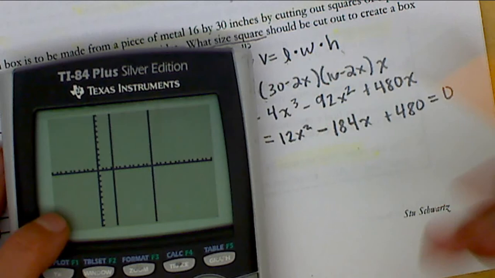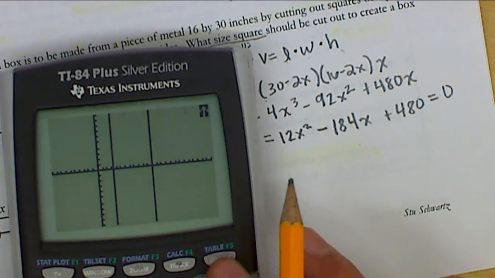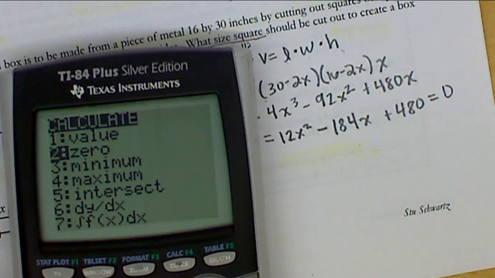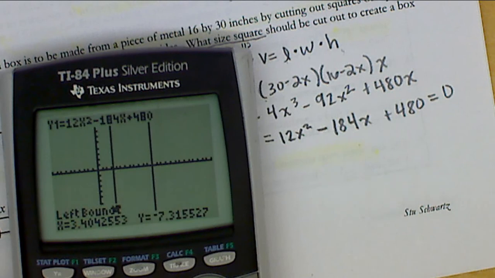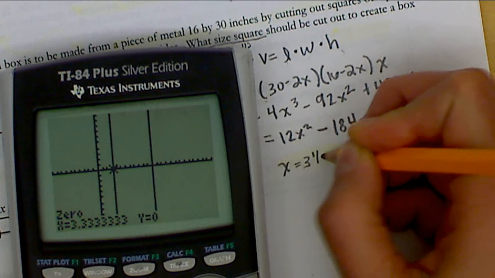Since I can't factor it, you can figure out the zeros on your calculator by using second calc, 0, and then finding a left bound, a right bound, and then a guess. Okay, so here's one of the zeros, x equals 3 1/3.